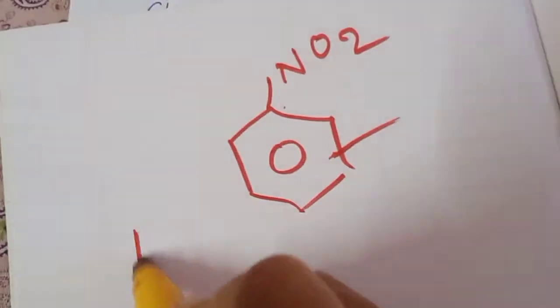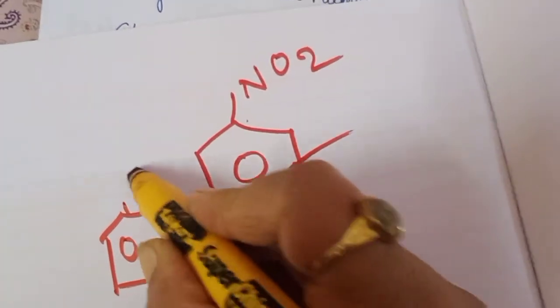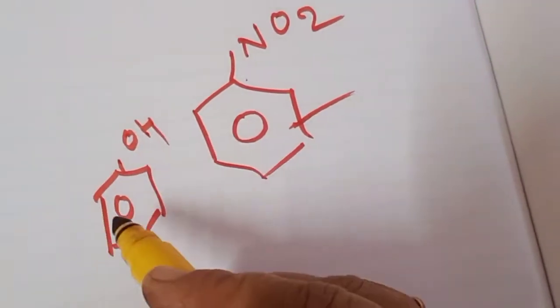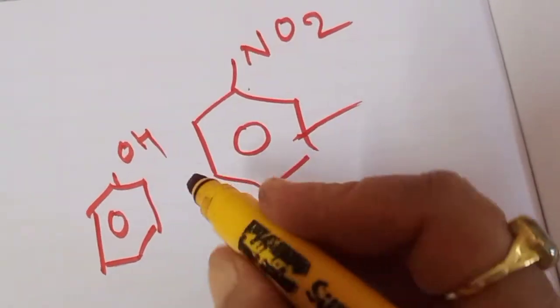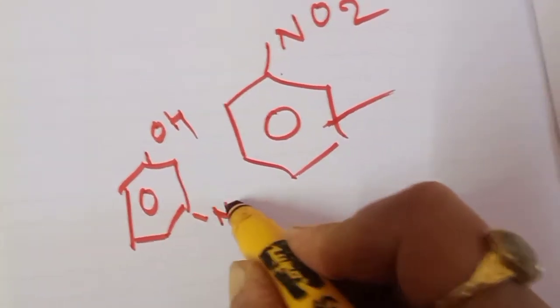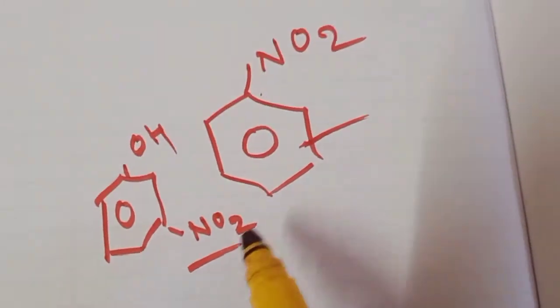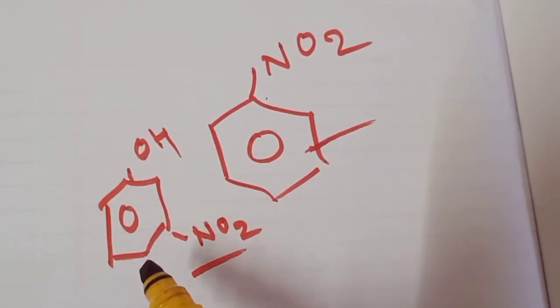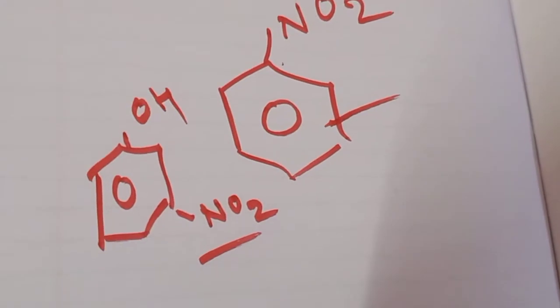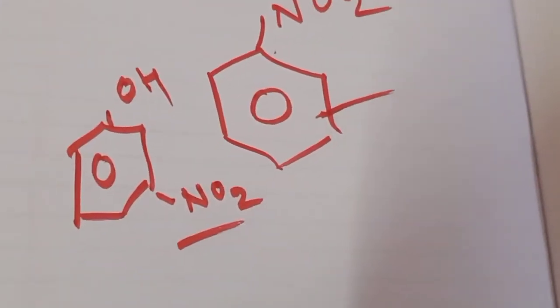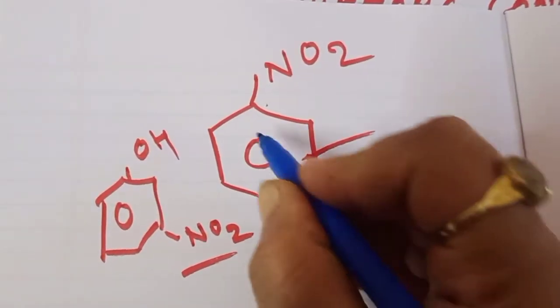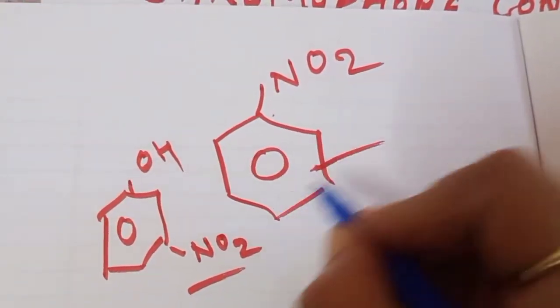Similarly, this is our phenol, okay? This phenol is also colorless, but if we introduce one nitro group here, it will be nitrophenol. Again, because of the presence of this group, this compound is colored. You are getting my point? A simple benzene ring does not have any color.